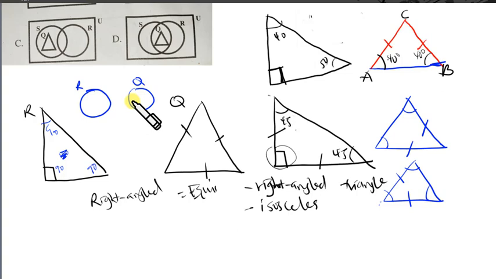Because for a triangle to be equilateral, all of the angles have to be equal. And to do that, you have to share it 60, 60, 60. And for a triangle to be a right angle triangle too, one of the angles must be 90. And if you make sure that one of the angles is 90, you cannot, at the same time, ensure that it is an equilateral triangle.